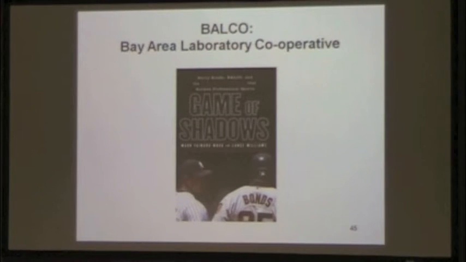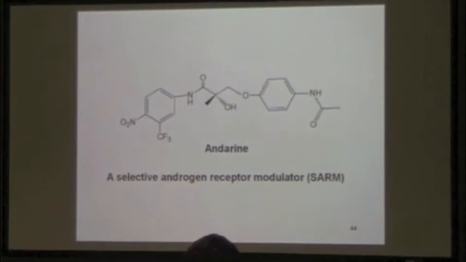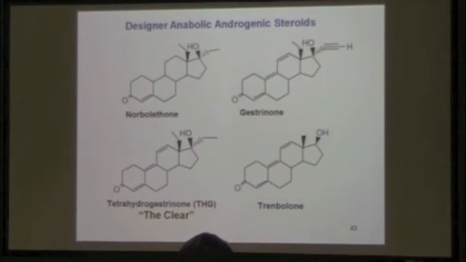Then this book, Game of Shadows, came out after BALCO was exposed, coming out of the San Francisco Bay Area. Notice Barry Bonds on the cover. Barry Bonds, interesting case that I think has been resolved, but may not have been. Who knows?